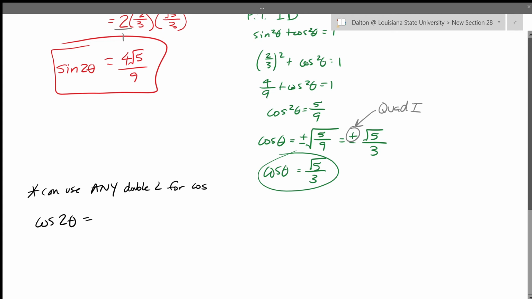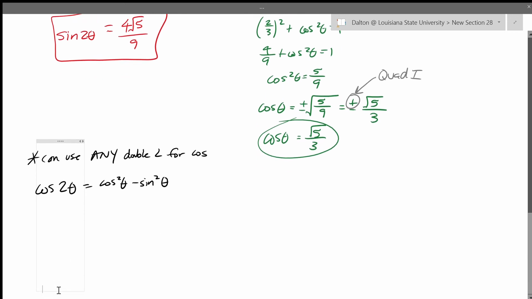I typically will use the one that's cosine squared theta minus sine squared theta if I know both sine and cosine. Otherwise, you could use one of the other ones if you know just one or the other. It really doesn't matter though. You'll get down to your answer either way.